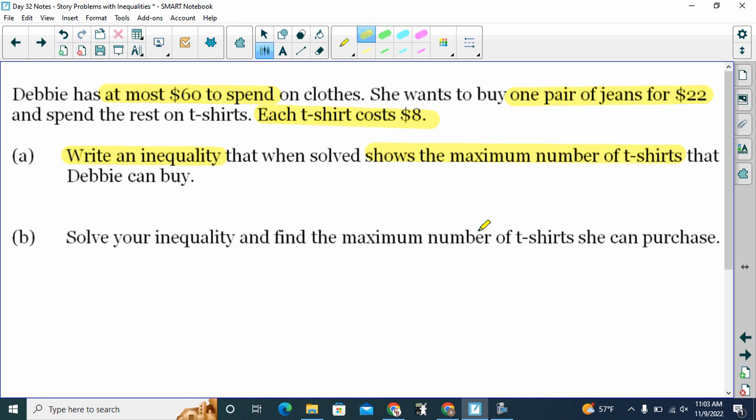She wants to buy one pair of jeans for $22 and spend the rest of her money on t-shirts. Each t-shirt costs $8. Again, we are asked to write an inequality that, when solved, shows the maximum number of t-shirts that she can buy. And then we will solve the inequality and find the maximum number of shirts that she can purchase.